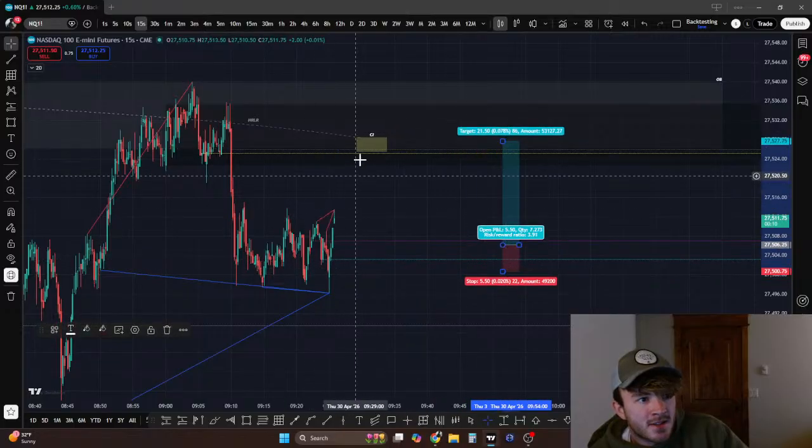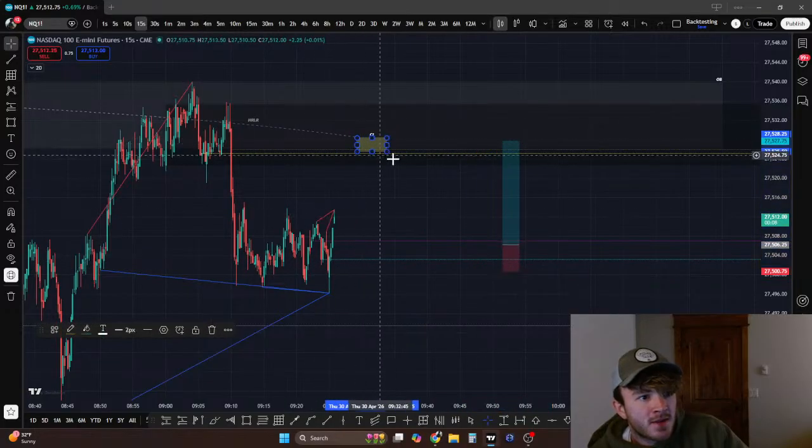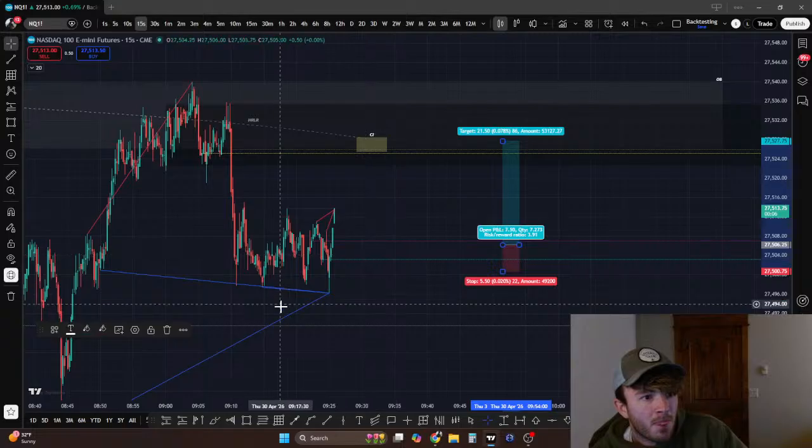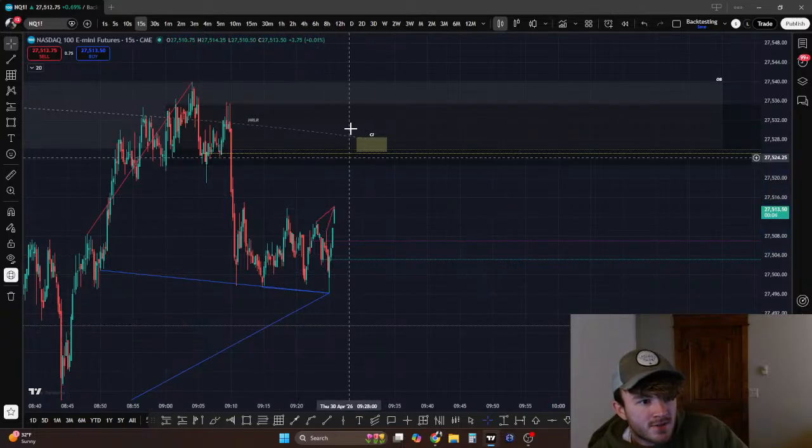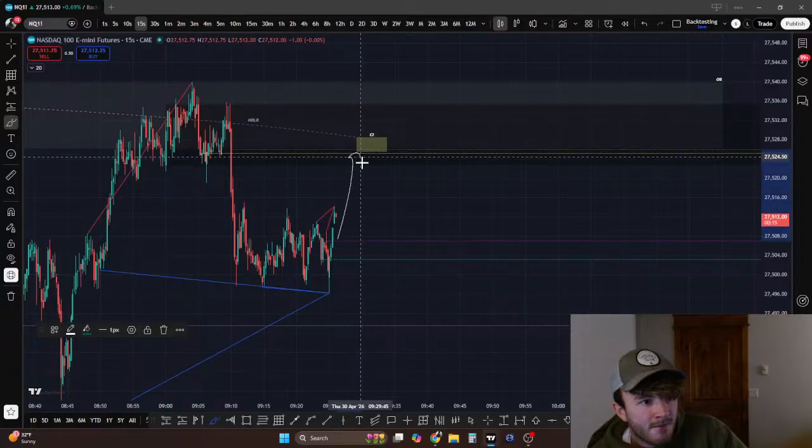Like I said, I still think we're gonna likely push up into this. Right? This is what I'm expecting. I'm expecting a move up into here.